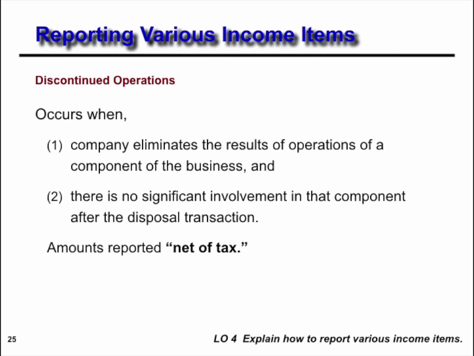Discontinued operations are essentially the portion of an entity that no longer functions within the core business units or product lines of the entity and is reported separately on the income statement.